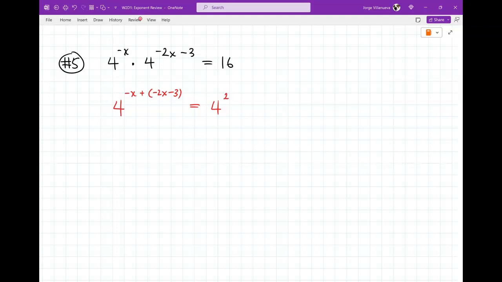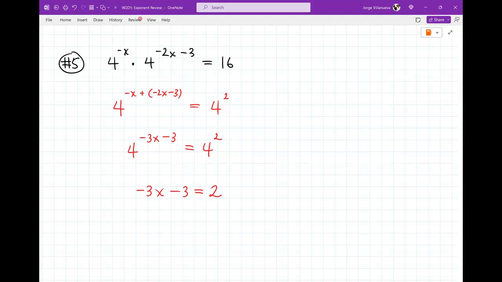So now our 4s match. So let me clean up the left side real quick. That's 4 to the negative 3x minus 3 equal to 4 squared. Okay, I just added the powers really quick. And now since the base is matched, that means the powers can be set as an equation. So negative 3x minus 3 is equal to 2.